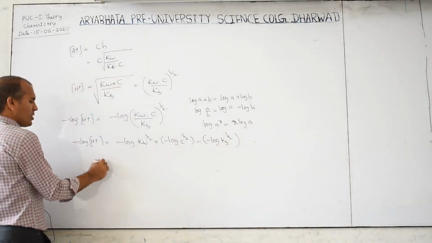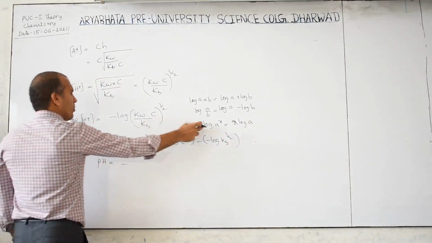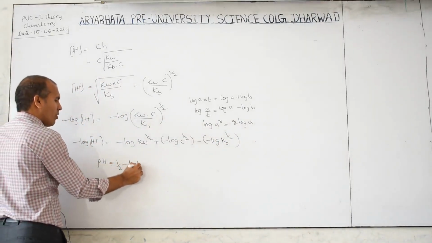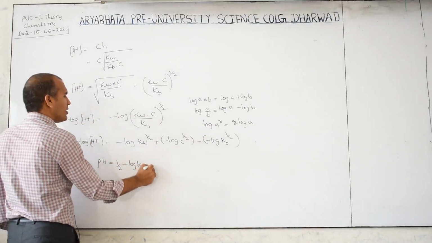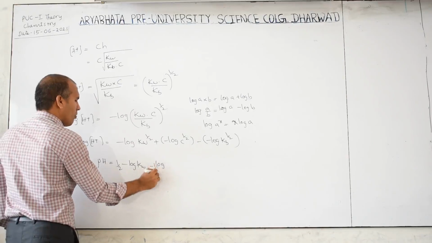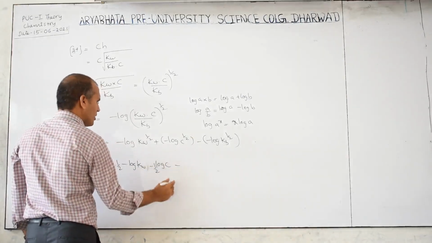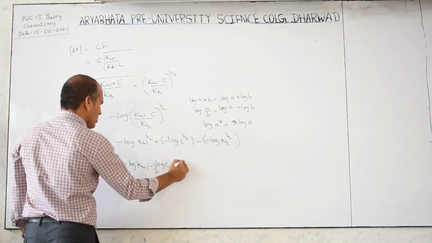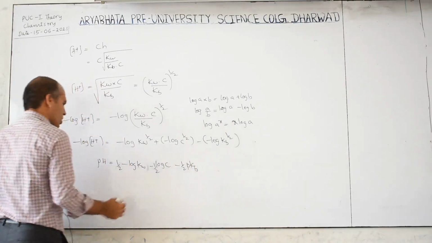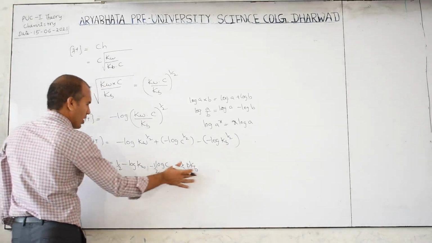Then this is known as pH, and since it is power x form, therefore 1 by 2 negative logarithm of Kw, and this is minus log, and half C, and minus half pKb. Now we can write this normally also.